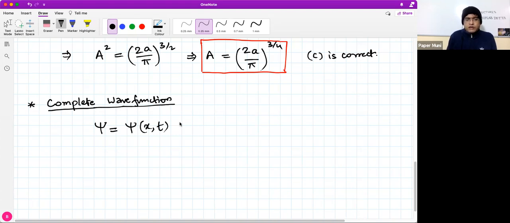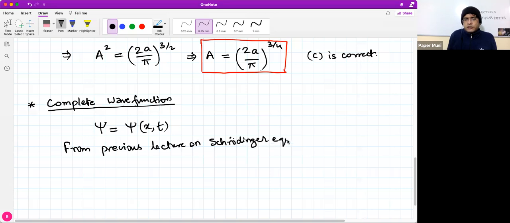So we had this complete wave function as this, from the previous lecture on the Schrodinger equation. So what do we have now?